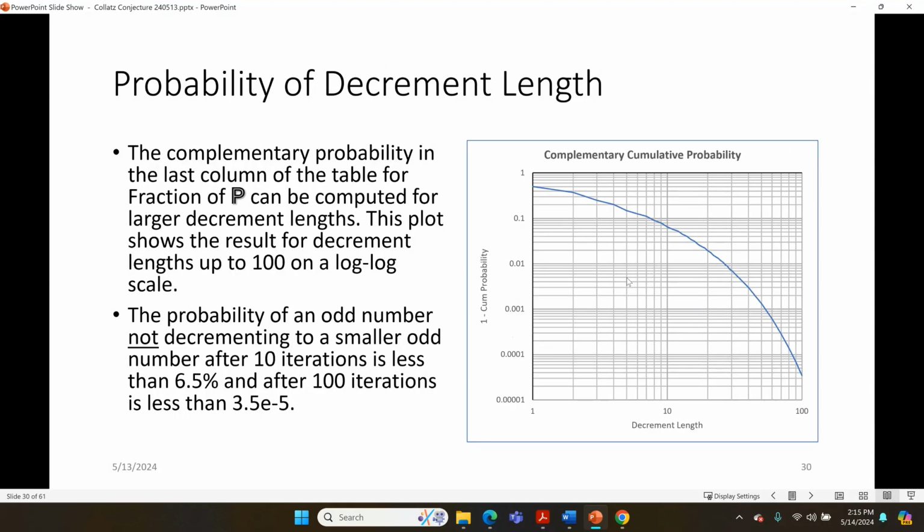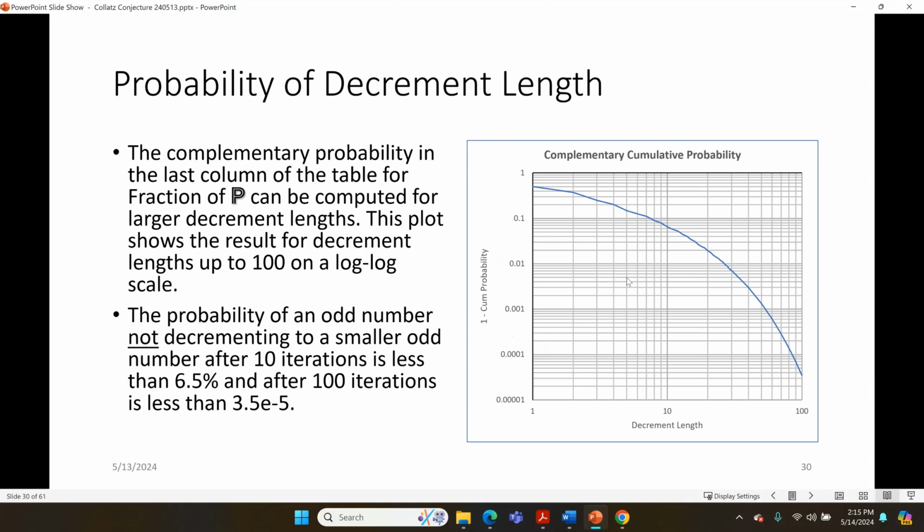If we extrapolate it out for decrement lengths out to 100, and then look at the complementary cumulative probability, we see it decreases rather strongly out there at lengths of 100.